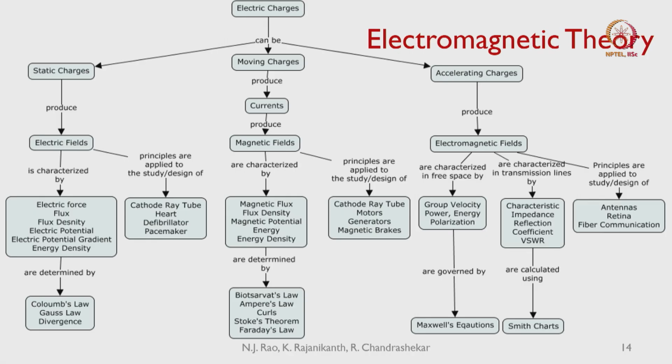Okay. Now electric charges can be static charges, moving charges, or accelerating charges. And here if you look at moving charges, they produce currents, and currents produce magnetic fields. Magnetic fields are characterized by magnetic flux, flux density, magnetic potential, energy, and energy density.